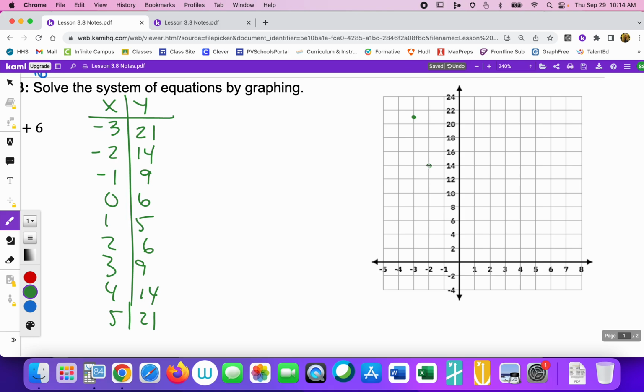What coordinate is the vertex at, as review? Not 0, 6, no. In your table, it's the one y value that doesn't match the others. 1, 5. The other ones are symmetrical on the other sides.